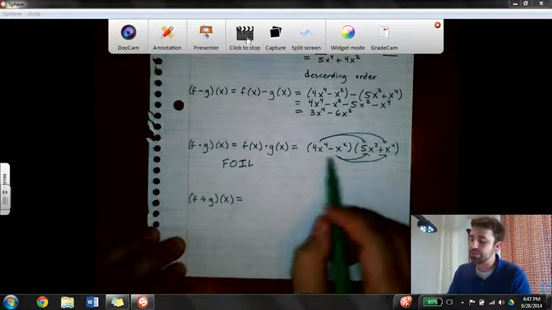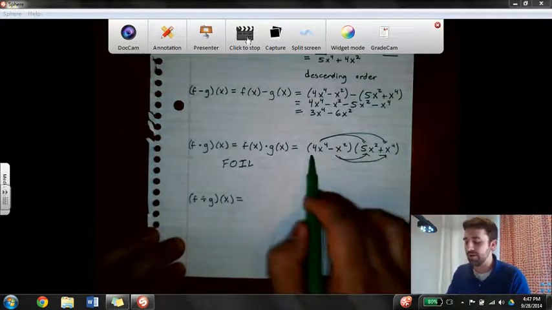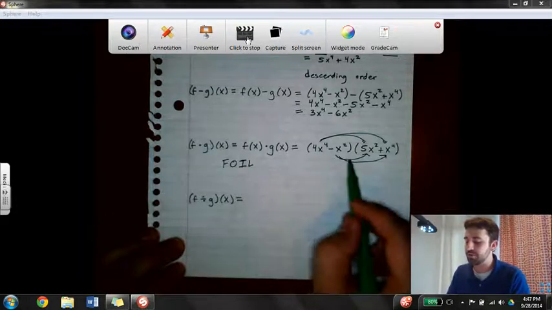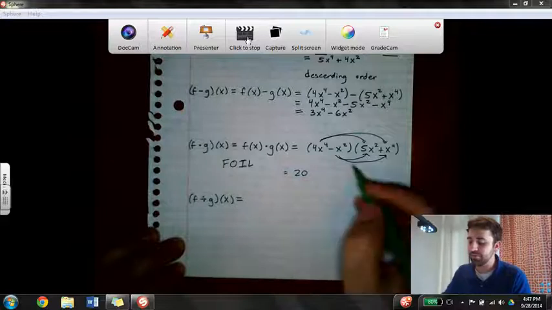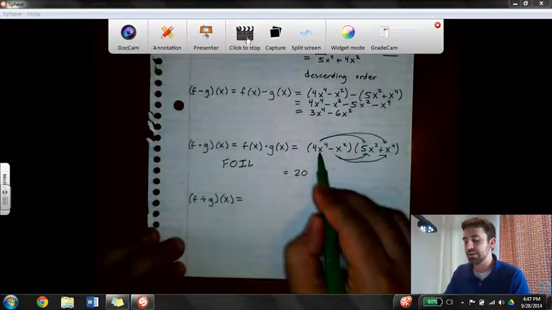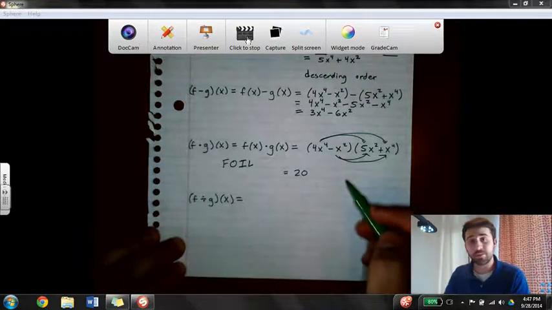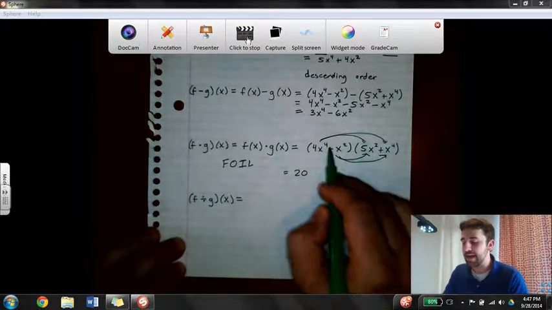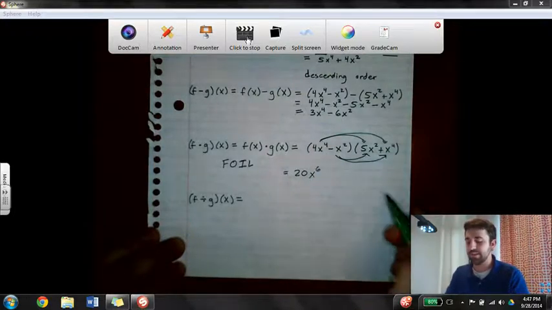And when I do this, 4x to the fourth times 5x squared, I start by multiplying my coefficients, so 4 and 5, when multiplied together, give me 20. And then when I multiply my variables with their current exponents, exponential rules say that I can add my exponents. So 4 and 2 add to give me 6.